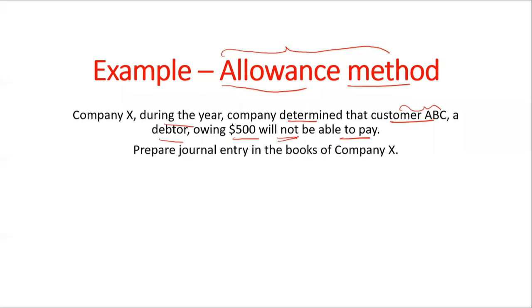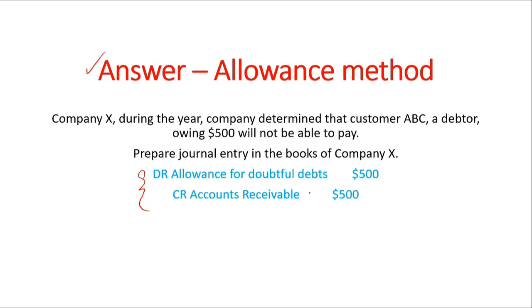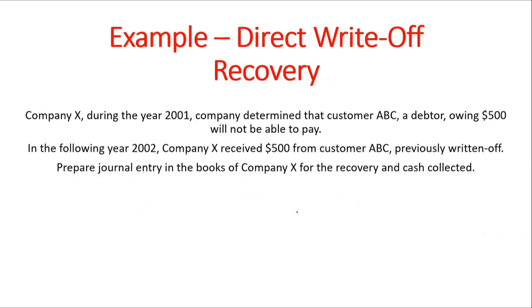Under the allowance method, you will debit allowance for doubtful debts, and then you will credit your accounts receivable. This is just the answer slide for your reference.